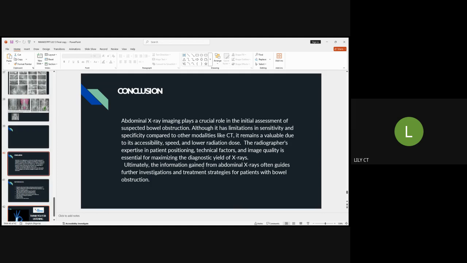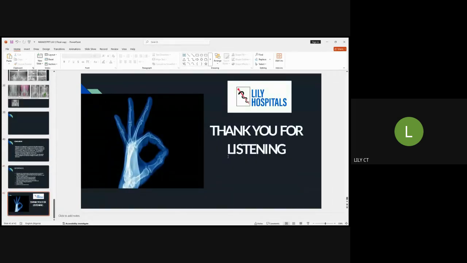Radiographers' expertise in patient positioning, technical factors, and image quality is essential for maximizing the diagnostic yield of X-rays. Ultimately, the information gained from abdominal X-rays often guides further investigations and treatment strategies for patients with bowel obstructions.